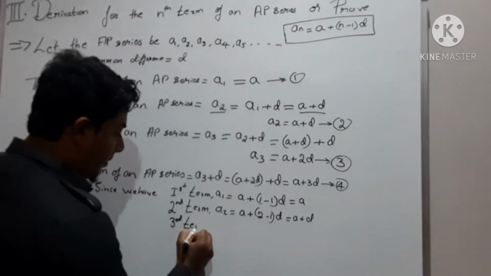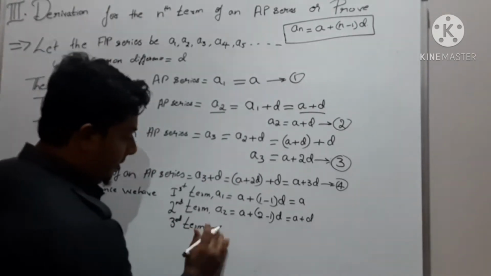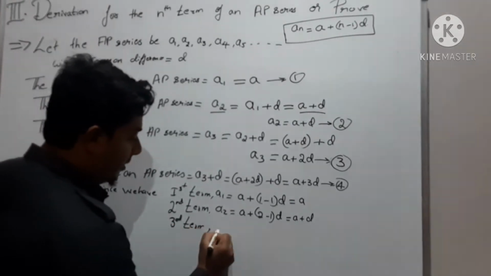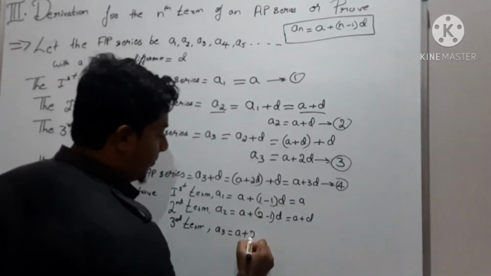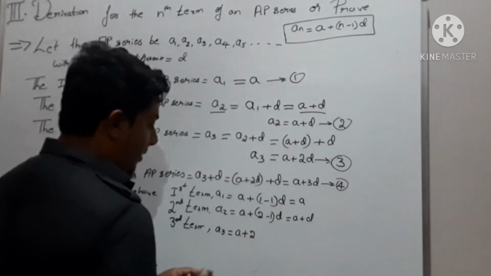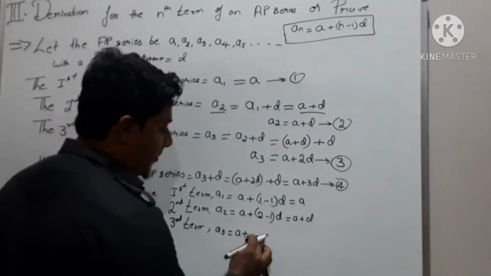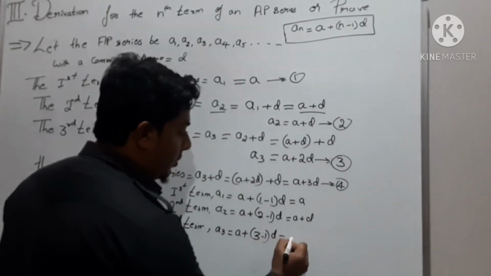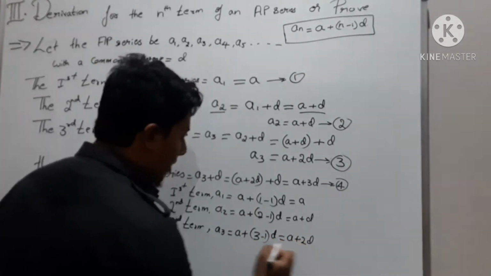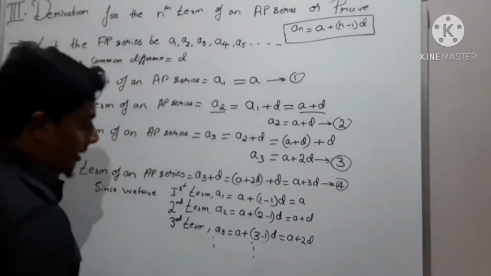The third term a3 is equal to a plus 2d, which can be written as a plus 3 minus 1 times d. It goes on.